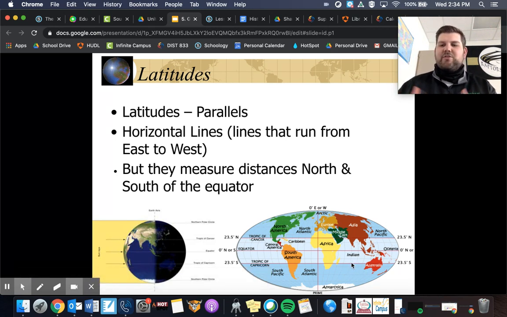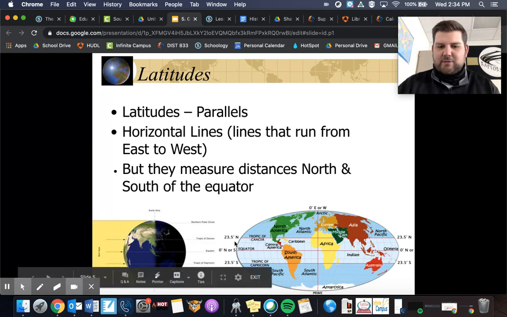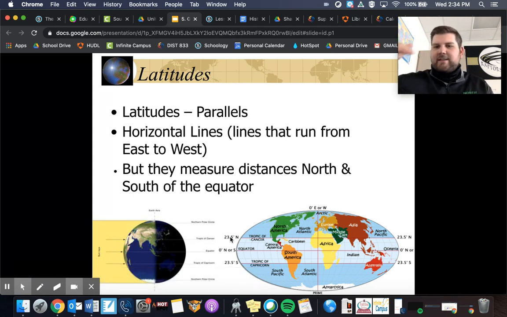So they measure north and south. That's why you see 23.5 north and 23.5 south. But they run east and west. They measure north and south of the equator. That is going to be on your test. It is going to be on your quiz. You need to remember that. They measure north and south, but they run east and west.